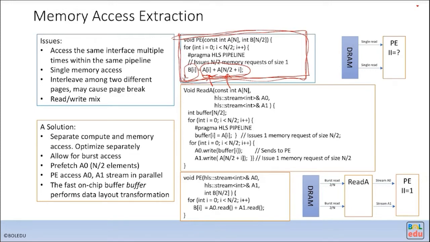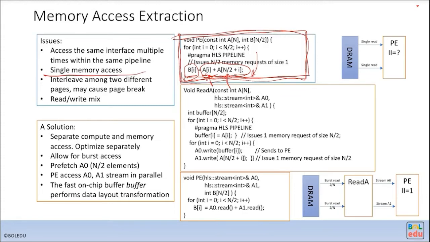First, you access the interface multiple times in the same pipeline. In one iteration, you access the A array twice and write to the B array. Also, this kind of coding allows only single memory access, and could not do burst access.